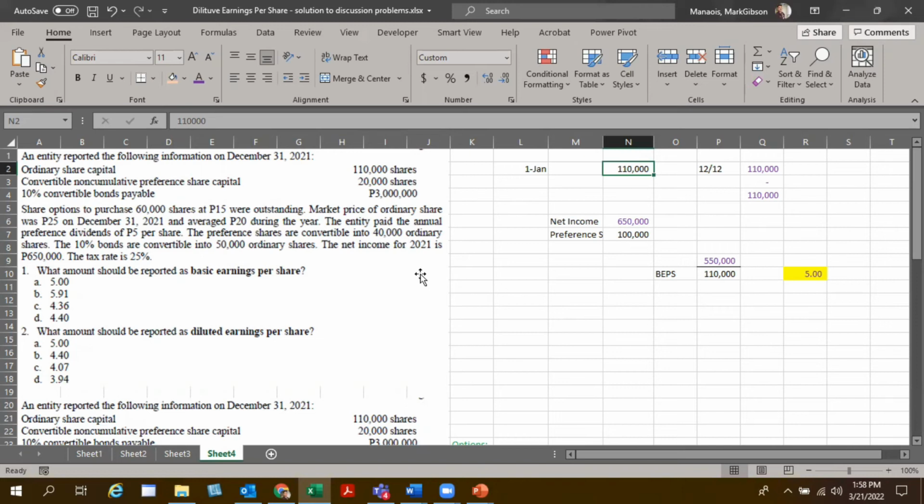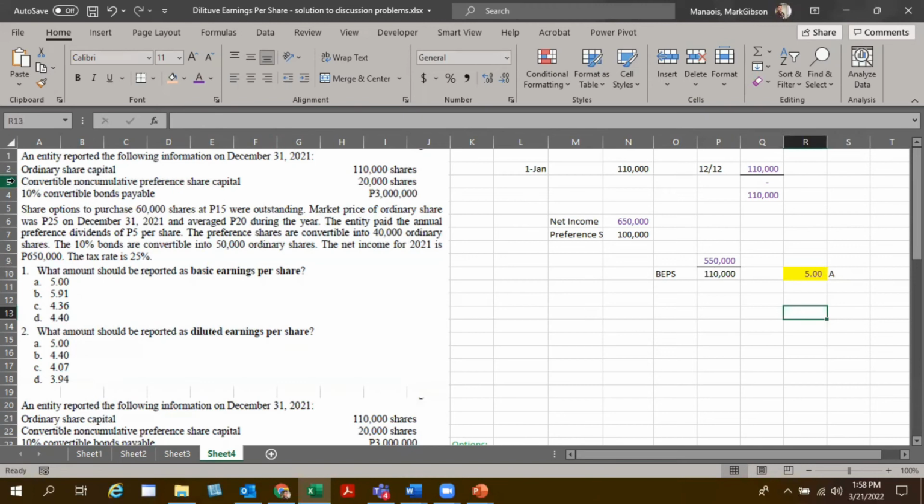So the assumption is we only have 110,000 outstanding for the year. So that's 550,000 over 110,000 shares, or 5 pesos. So that's letter A.